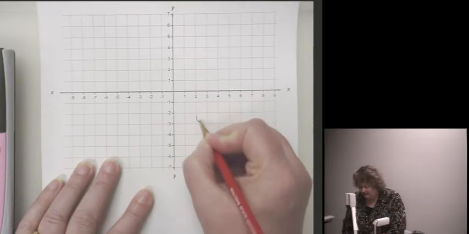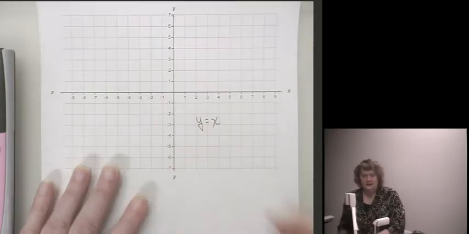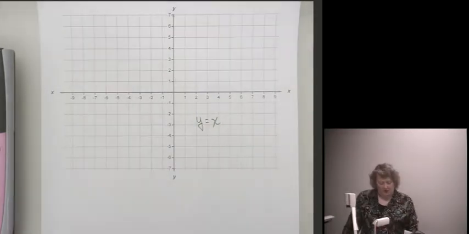Okay, next let's look at y equals x. Probably the hardest graph to graph, or the easiest graph to graph, depending on which way you look at it. Now, why is it the hardest graph to graph? Because people look at it and say, there's no information, there's no numbers, there's just letters.